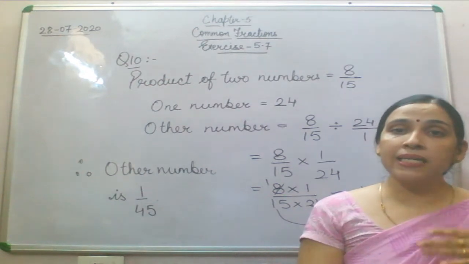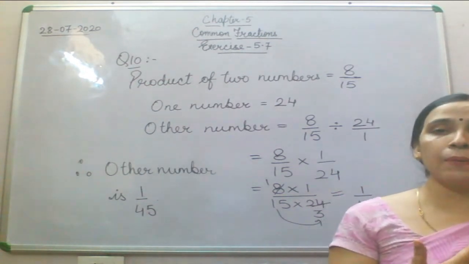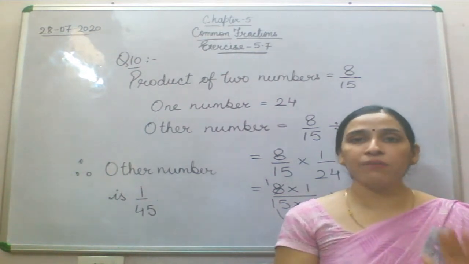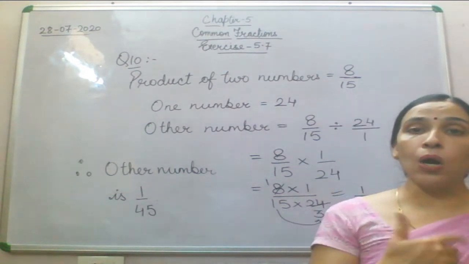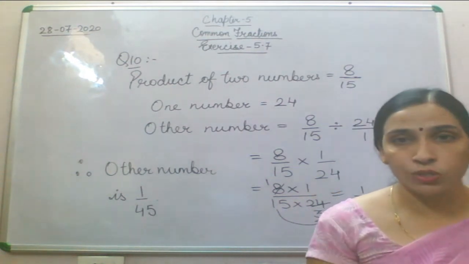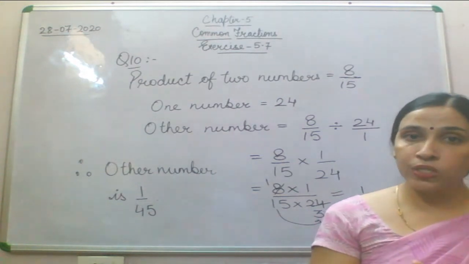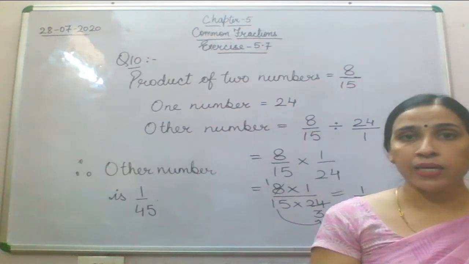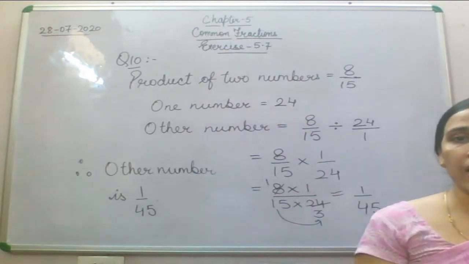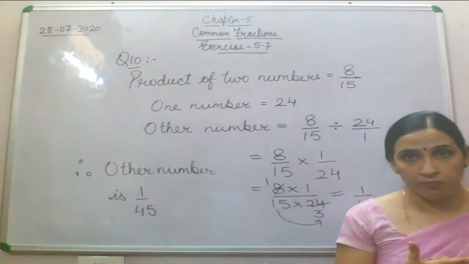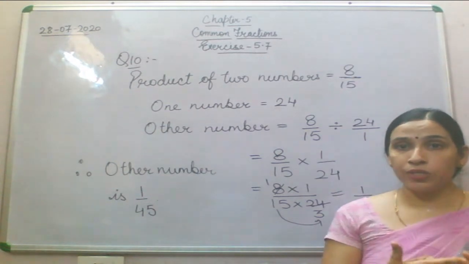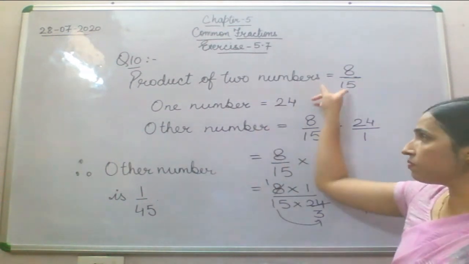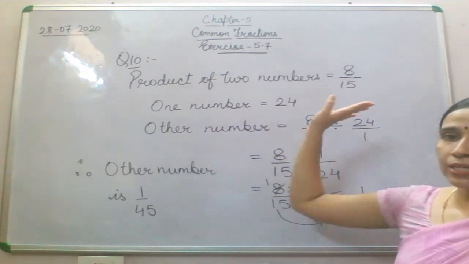If you get a different kind of question in the paper also, it is not very difficult to solve it, if you just remember how you have to solve these questions, what is given in the question and how you have to solve it. So like in this question, you have been given the product of two numbers. Question number 10, the product of two numbers is 8 by 15. One of the numbers is 24.